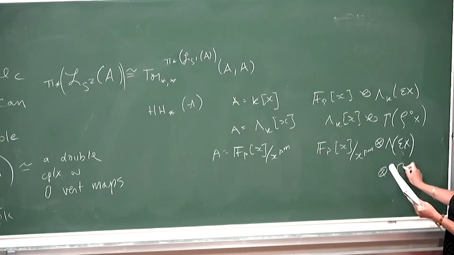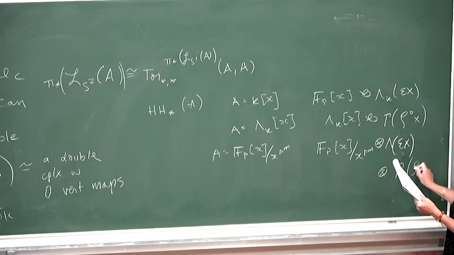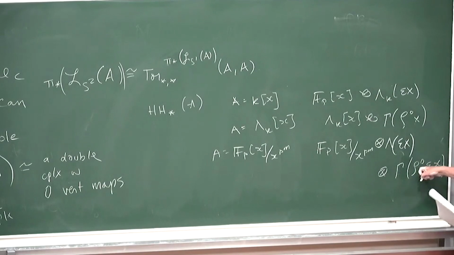Tensor an exterior on rho 0 epsilon x. And this increases degree by 1. This increases degree by 1. All in all, I added 2 to the degree I started with, which was even. I'm back in even. You might complain, I didn't say anything about divided powers. But my characteristic is p. So my divided power just splits as a tensor product of polynomial things where the pth power gets identified to 0.